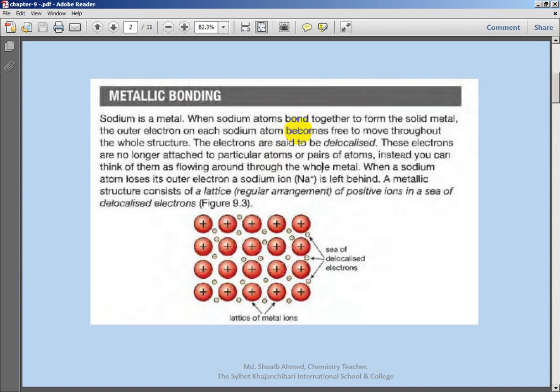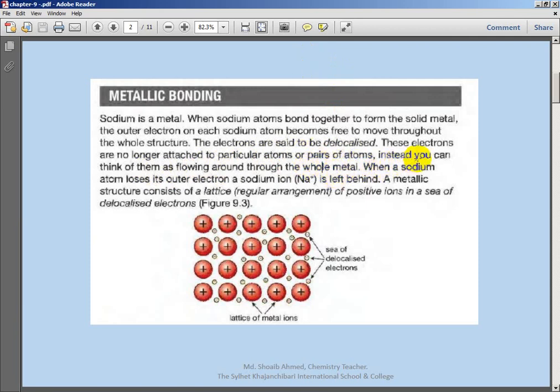When sodium atoms bond together to form the solid metal, the outer electron on each sodium atom becomes free to move throughout the whole structure. The electrons are said to be delocalized. These electrons are no longer attached to particular atoms or pairs of atoms.